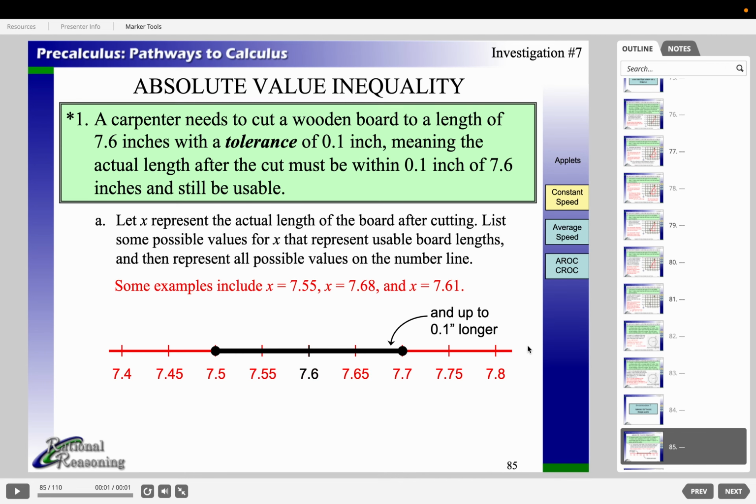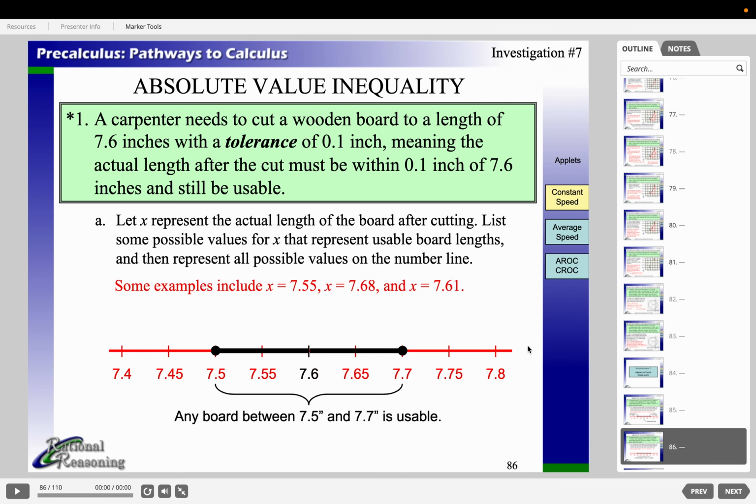We have this range. We can go to the left or the right, by up to 0.1 inch, 0.1 unit, and still be okay. So this graph here is a demonstration of the values that make this absolute value description true.